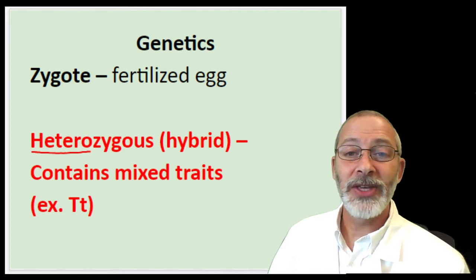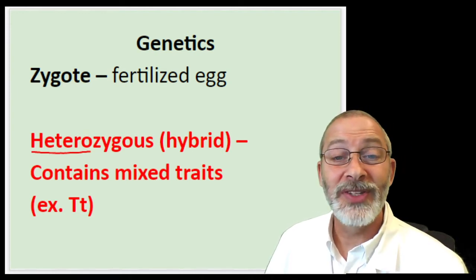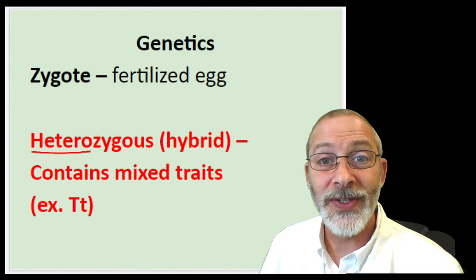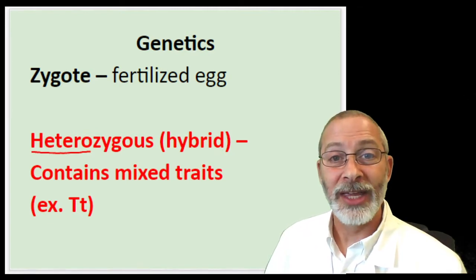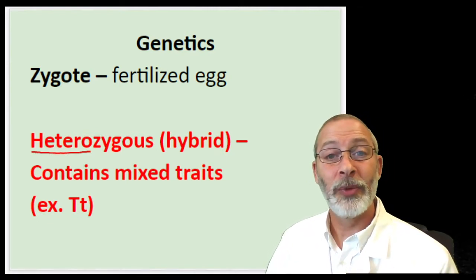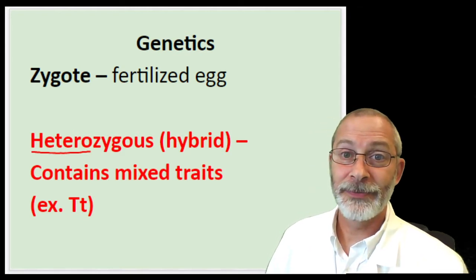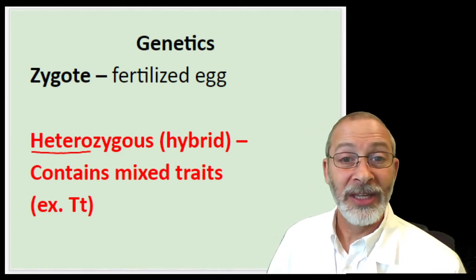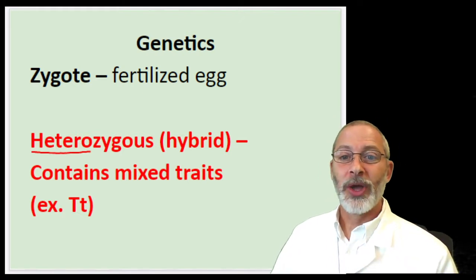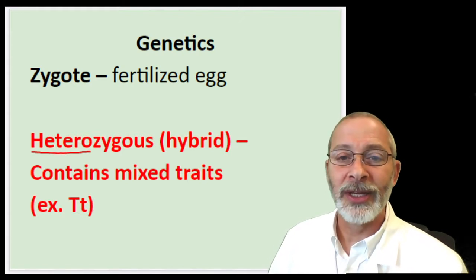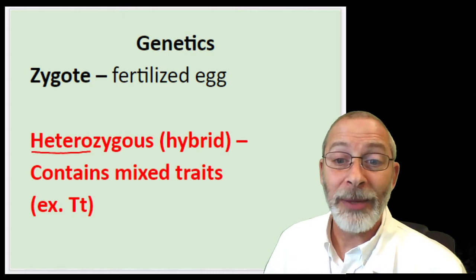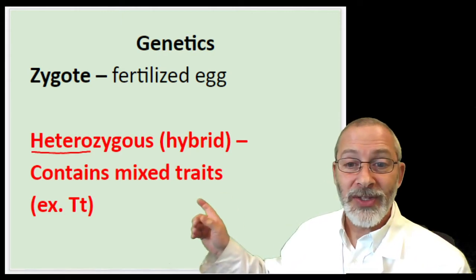Now, heterozygous, homozygous, they look very similar except for the prefix. A heterozygous, the prefix hetero, anyone know what the prefix hetero means? Well, it means different. So a heterozygous organism, which is also called a hybrid, contains mixed traits.